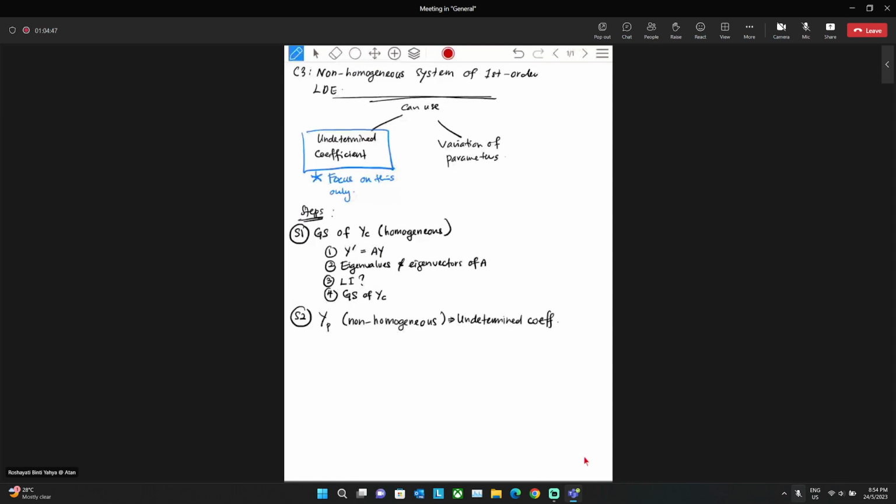So in this second step, you need to use a few smaller steps which start with, you need to assume YP based on G, but here you need to refer to the table.